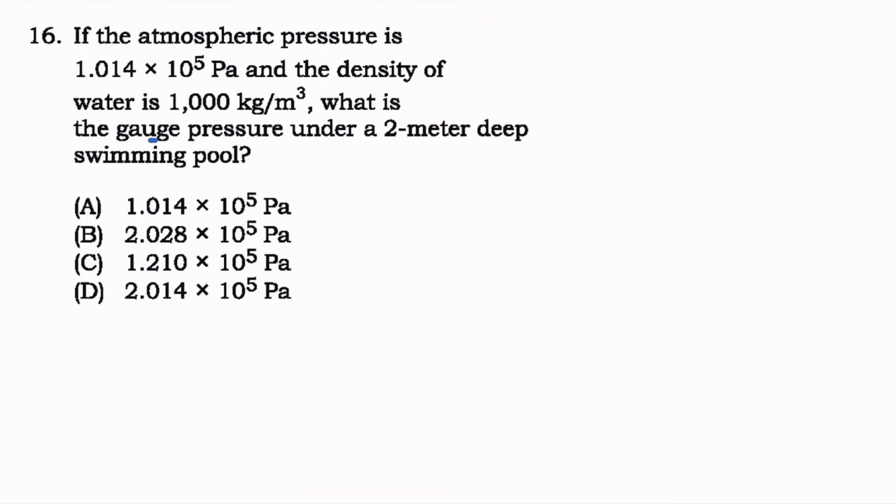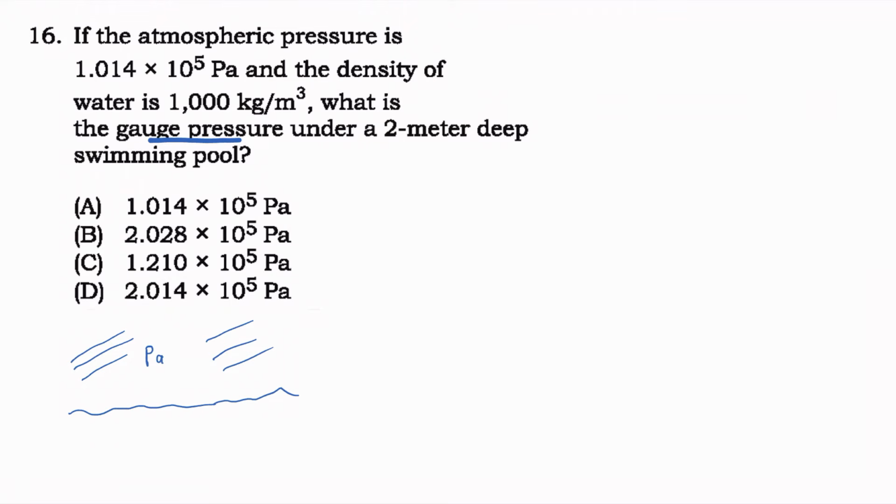Number 16, if the atmospheric pressure is 1.014 times 10 raised to 5 Pascal and the density of water is 1,000 kg per meter cube, what is the gauge pressure under a 2 meter deep swimming pool? So for this one, pinapahanap yung gauge pressure. So yung illustration dito, syempre merong atmospheric pressure, tapos merong water.